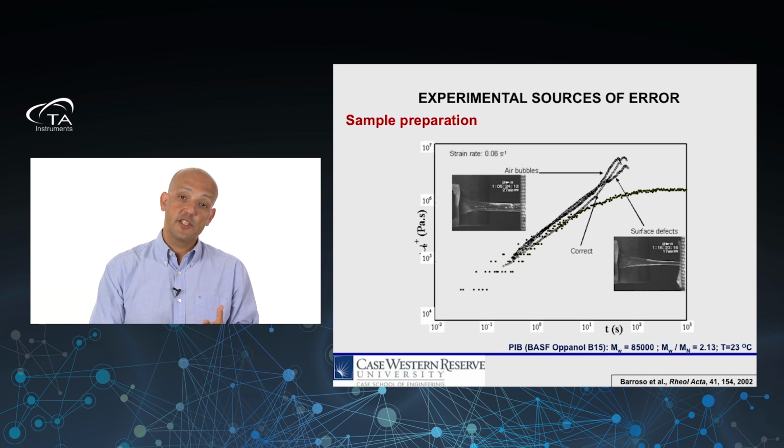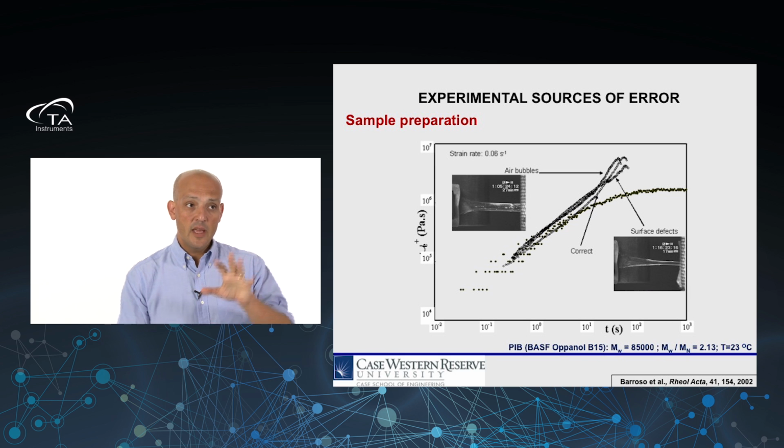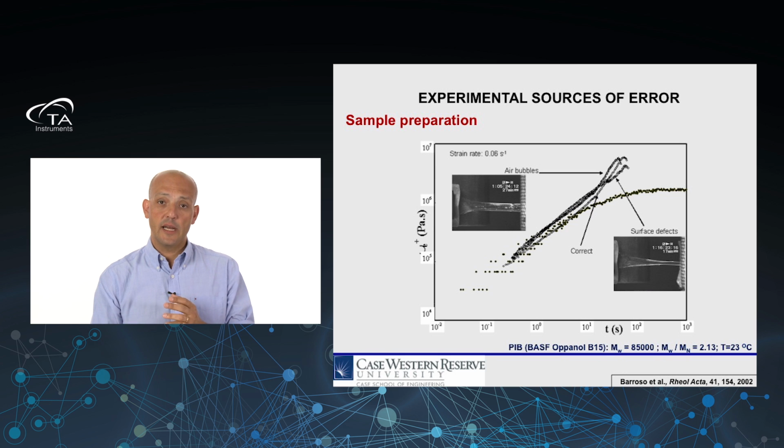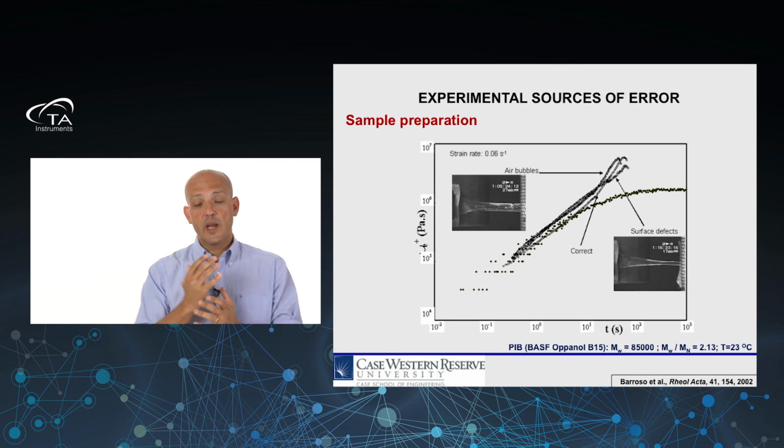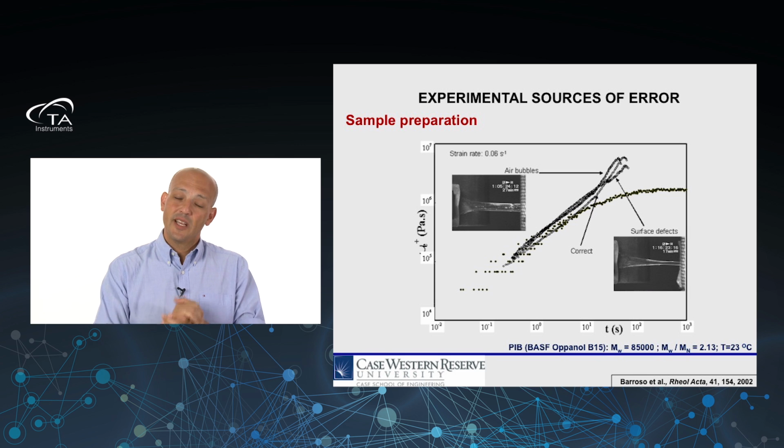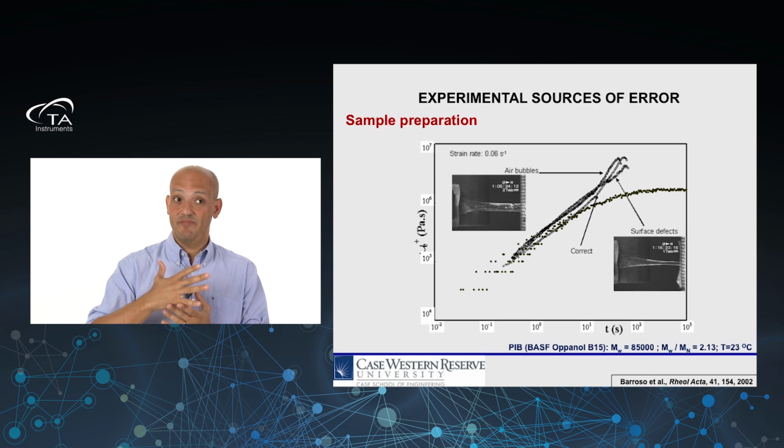If we have cylindrical samples, they are typically extruded out of a capillary rheometer, for example. Now, in the case of the little strips that are compression molded, one has to make sure the residual stresses in those samples are relatively low, but one must be careful not to have entrapped air bubbles.